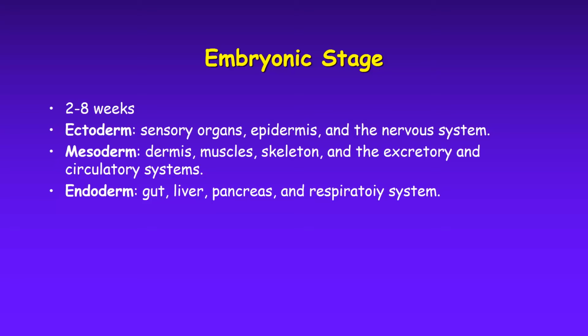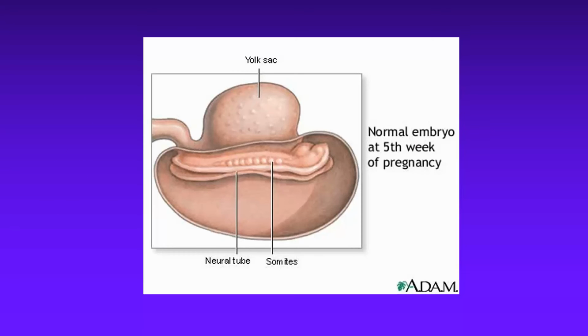Mesoderm is going to be your dermis, a little deeper level of your skin, the muscles, skeleton, and then excretory and circulatory systems. Then endoderm, sort of makes sense: gut, liver, pancreas, and respiratory systems. All those systems that have some tubular features and so forth. This is just another picture showing the embryo developing within the amniotic cavity, and then this yolk sac down below.